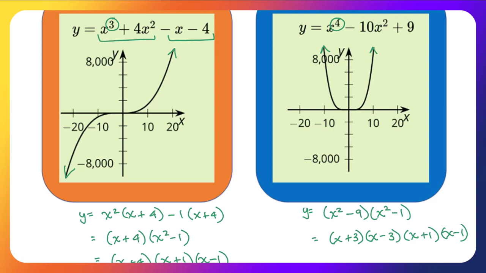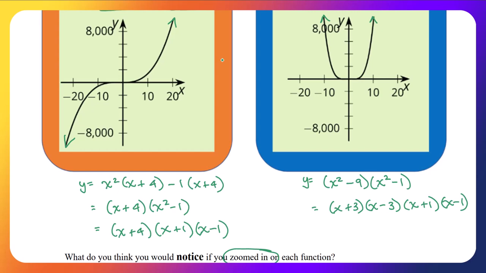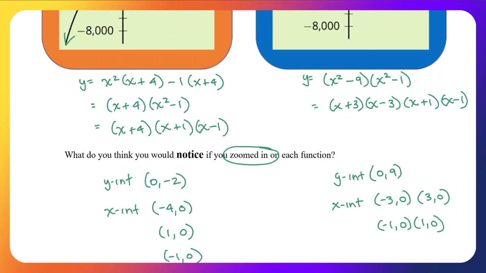Sure enough, as I factor both of these, I get different results. In fact, I get a few x-intercepts when I set these equal to 0. Using this information, if I were to zoom in and see more details and have a better scale, I would come up with the y-intercepts and the x-intercepts.